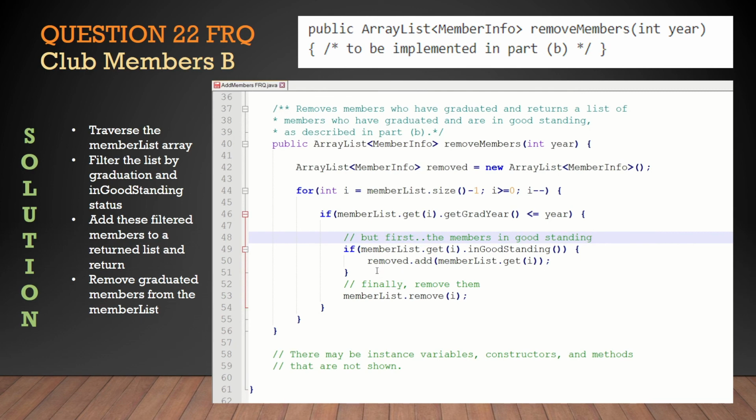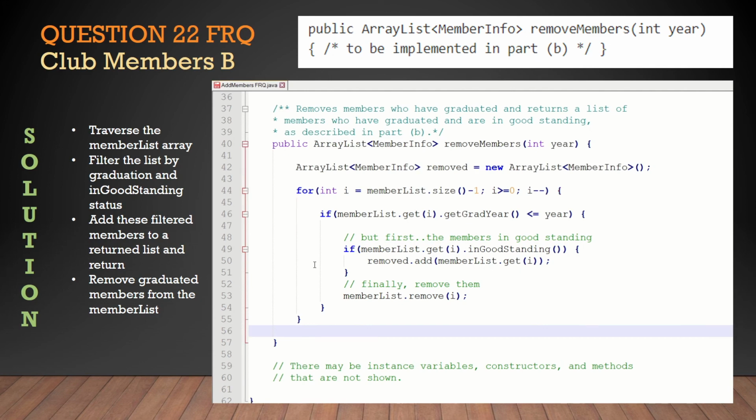And I need to return that at the end. So my final step, after the for loop is done, is to return that removed list. That's my return value, the member info array list.